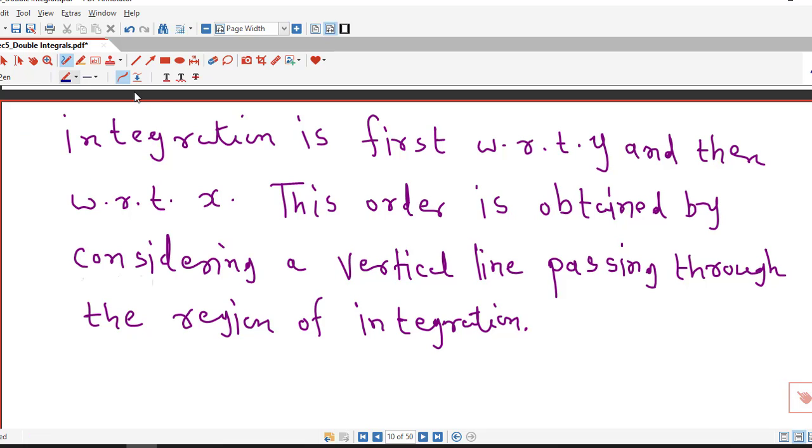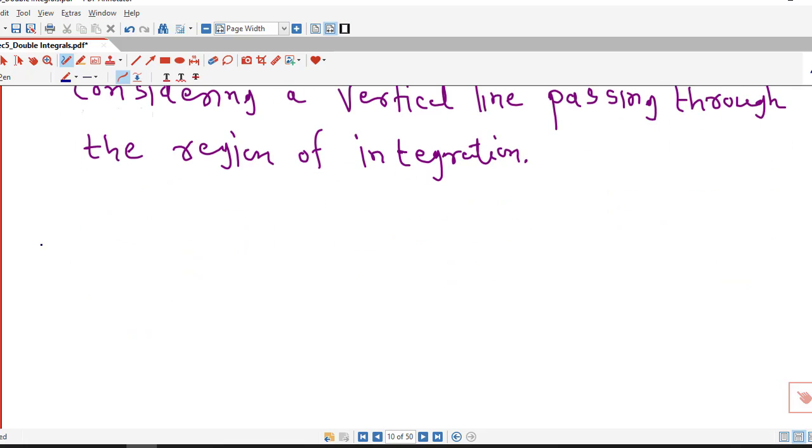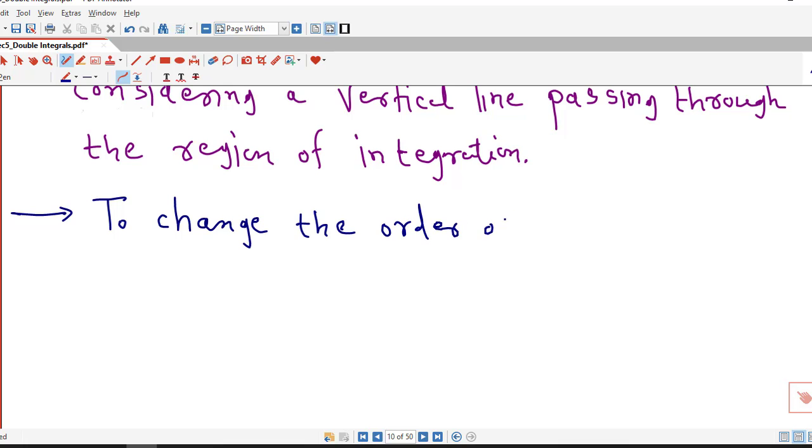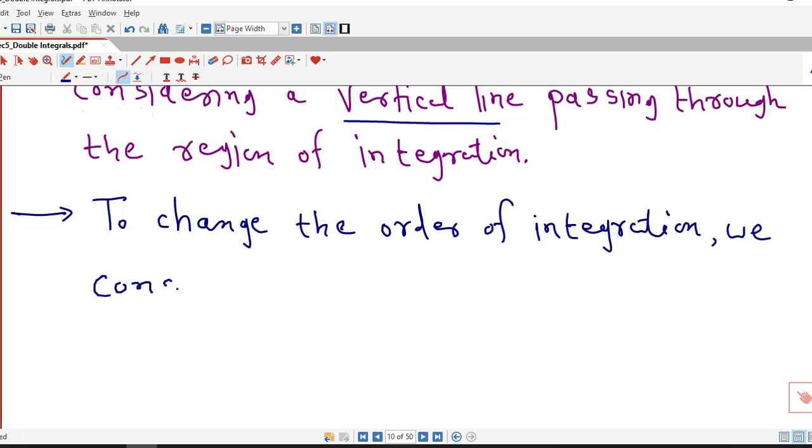Now we have to change the order of integration. So now to change the order of integration, we have to consider horizontal line. So first we have written what is given, and now we want to change the order of integration. We know that given order is obtained by considering vertical line. So to change the order, we will not consider vertical line now.